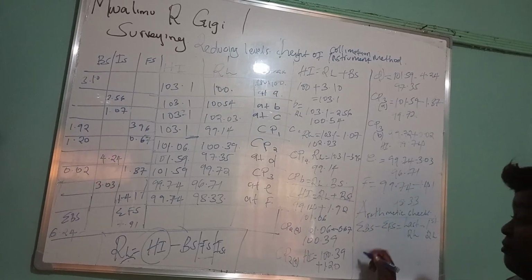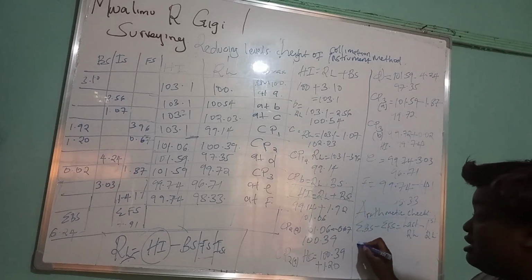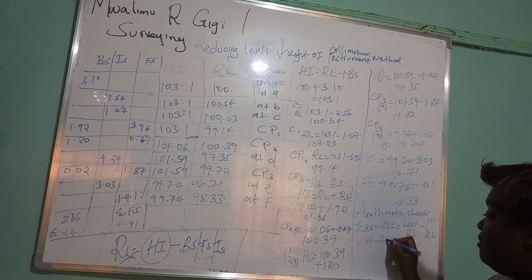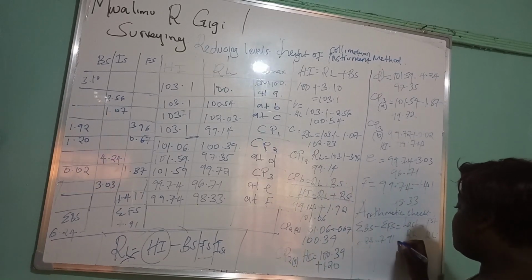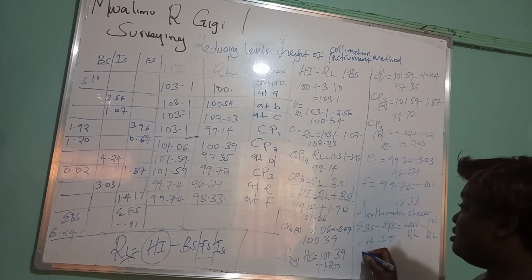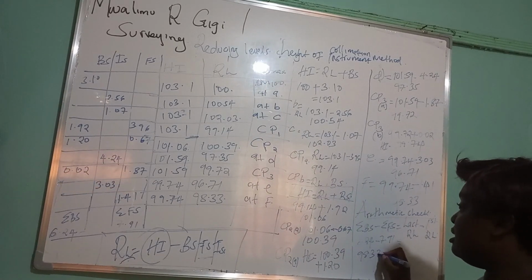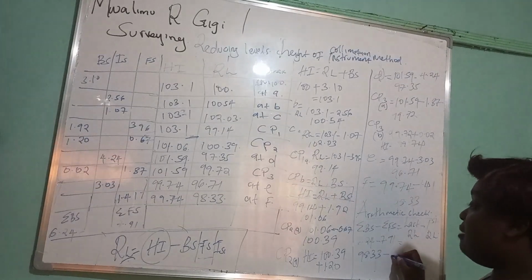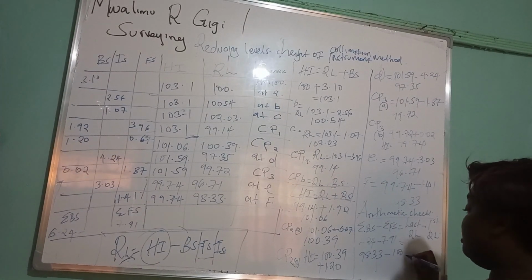So the sum of backsight is 6.24 and the sum of foresight is 7.91, and the last reduced level is 98.33 and the first is 100.